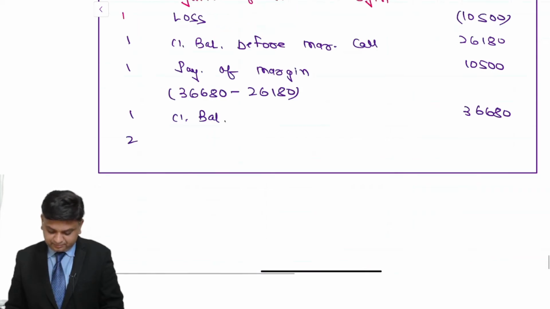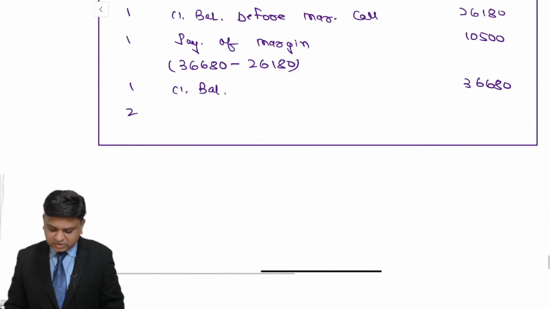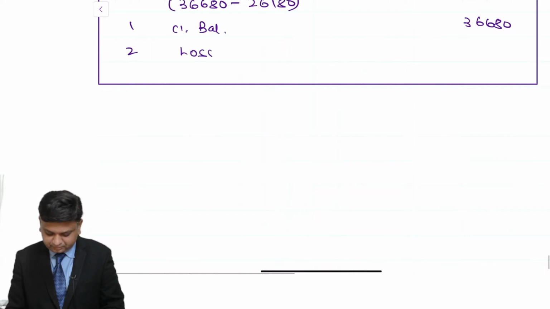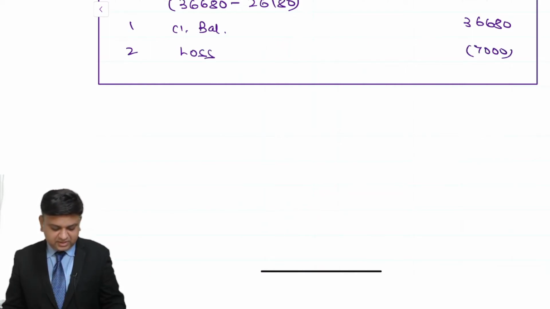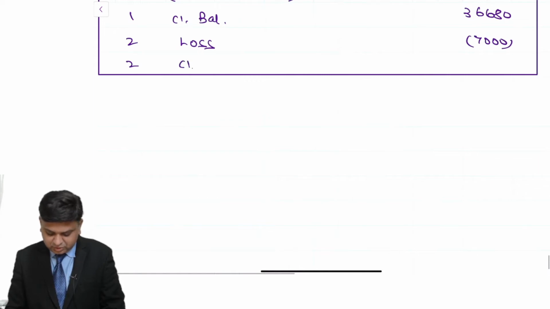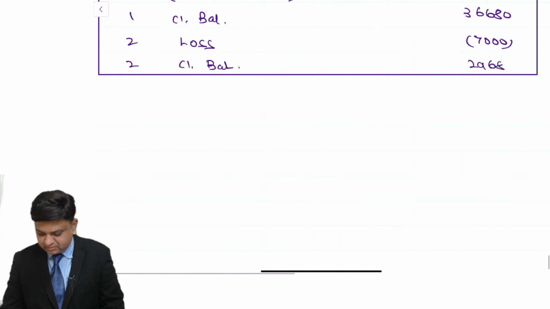Second day, there is again a loss of 7,000. So after deducting the loss, balance is not reducing below maintenance margin. So this is the closing balance, 29680.